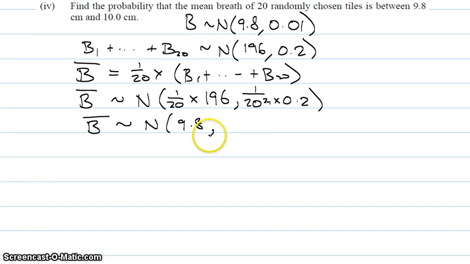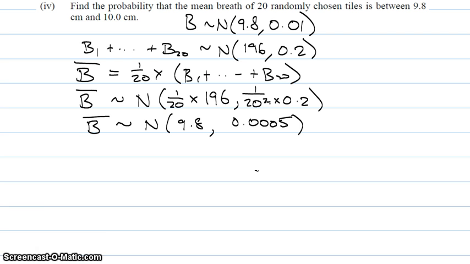So it's very small. That's about 1 over 2,000. Yes, that's right.